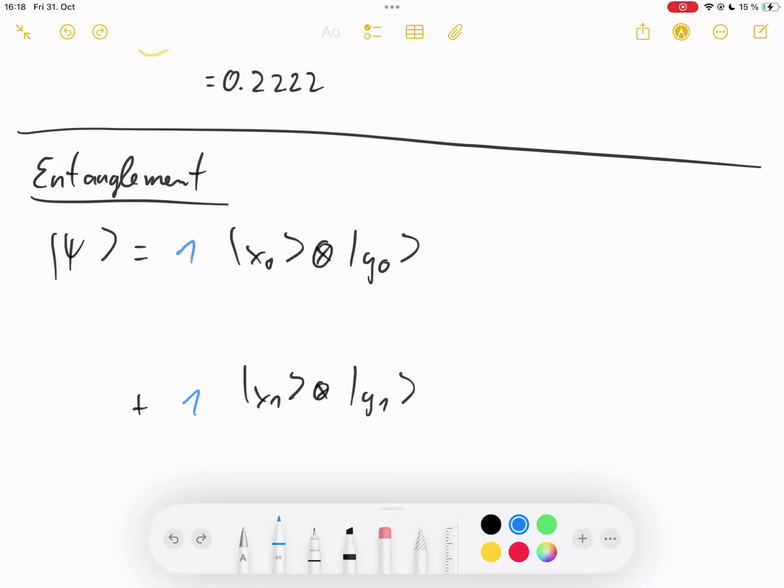But there's actually also an x0 and a y1 cat tensor product, and an x1 tensor product with y0. And the products are 0 here.